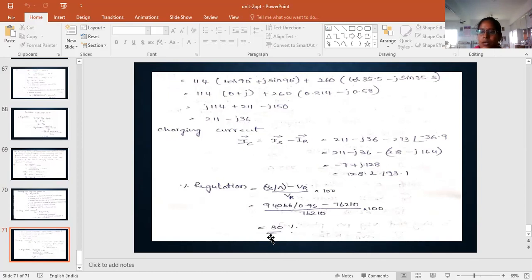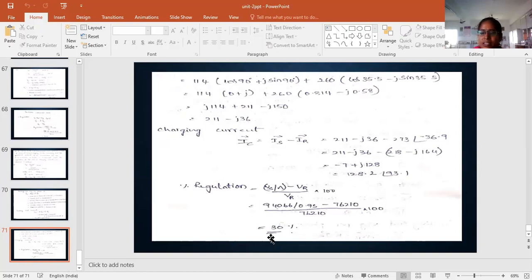First one is the short transmission line, second one is the medium transmission line, and the third one is the long transmission line. In the short transmission line, capacitance can be neglected, and in the medium transmission lines capacitance will be present, and the capacitance value is also present in the long transmission line.